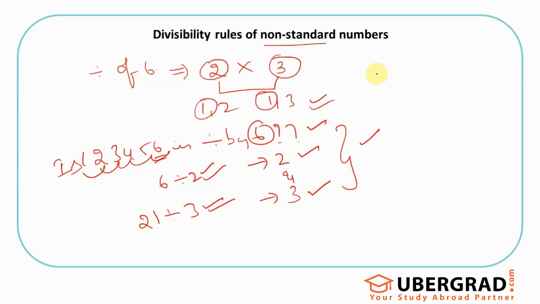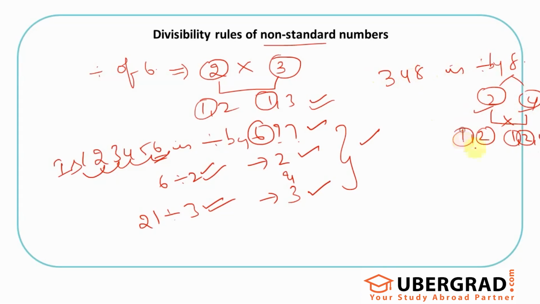Let me ask you a question like 348. Is it divisible by 8? Don't try to do this again with 2 into 4. I know the rule of 2, I know the rule of 4, and I'll check for both. See, these are not coprimes because the factors are 1 and 2, and 1, 2, and 4. 2 is also there along with 1 as a common factor.